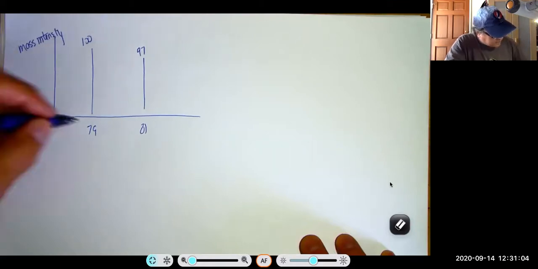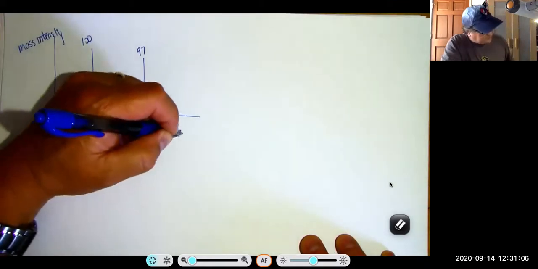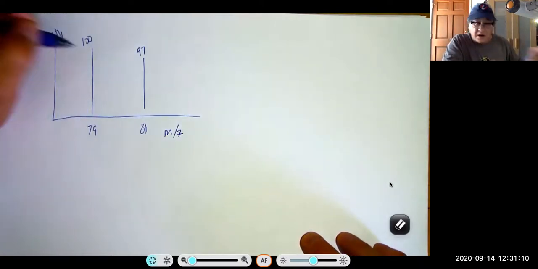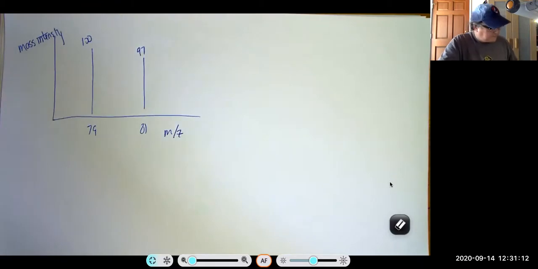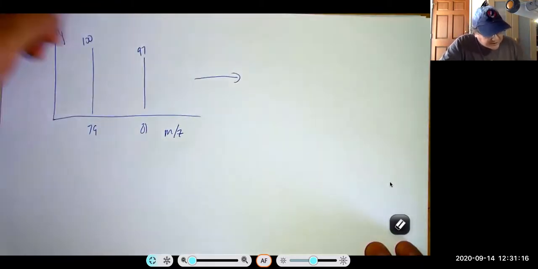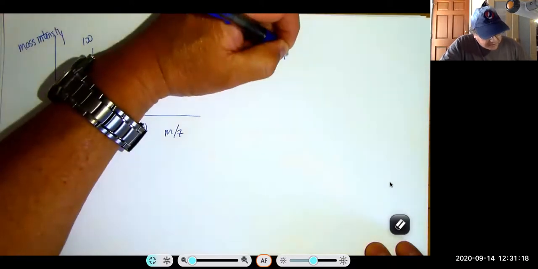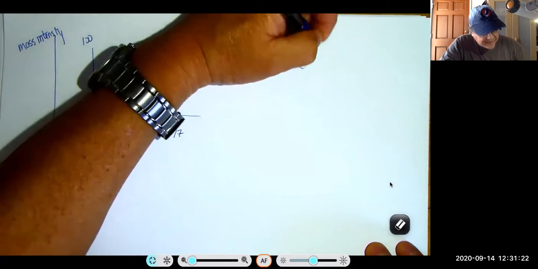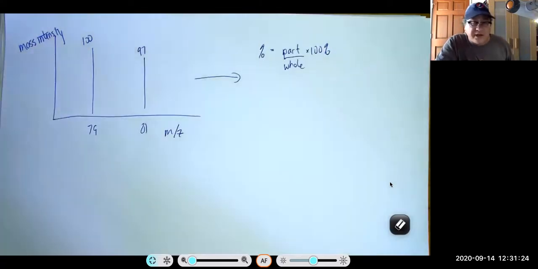And this is called the mass to charge ratio. So here you automatically set the largest peak to 100. Now to turn this into percentages, percentage is equal to part over whole times 100%. That is the most general formula you can have for percentage.